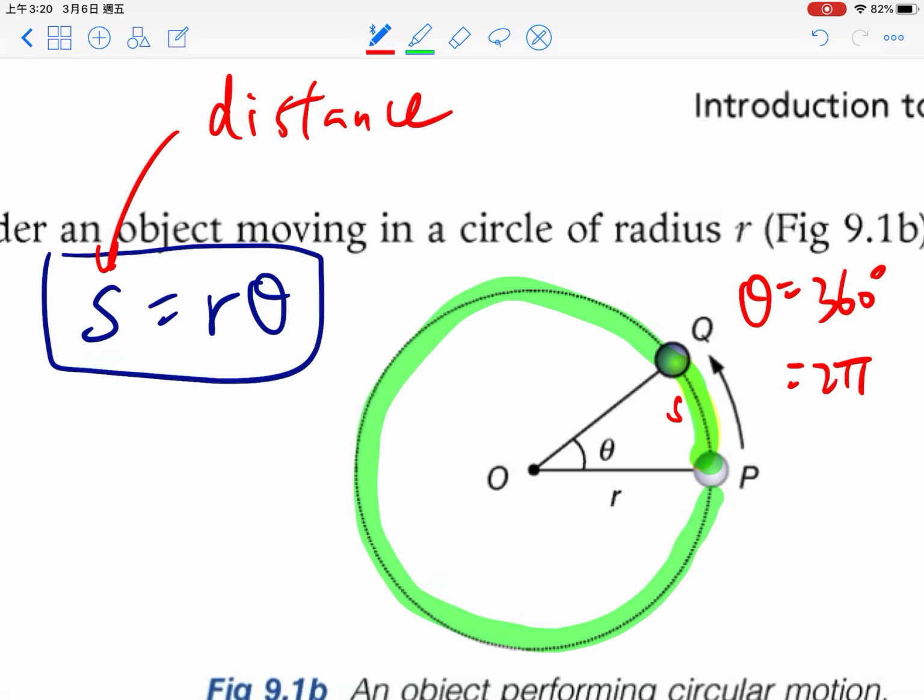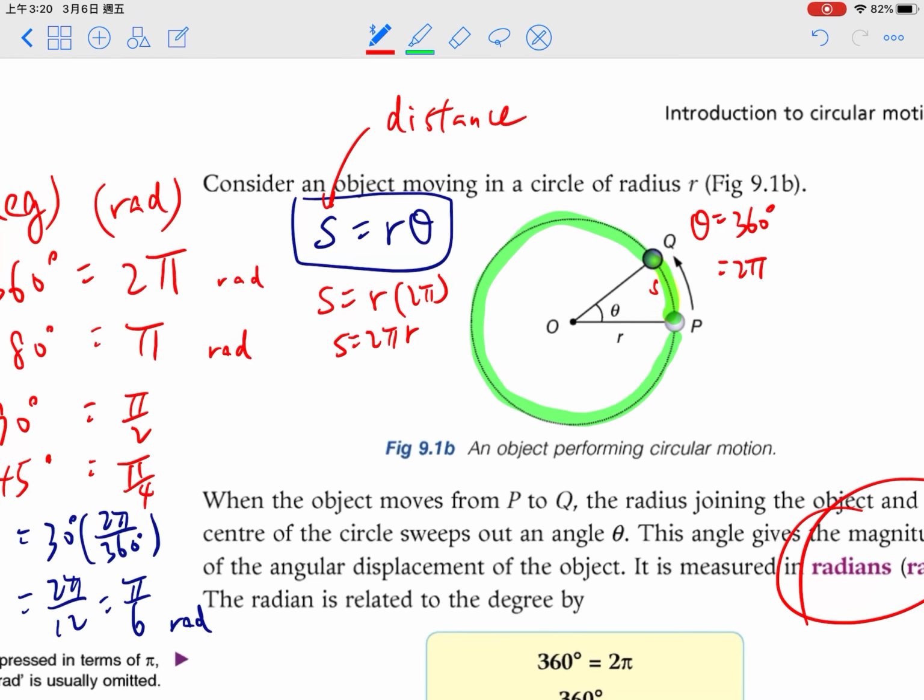Now by using s equals r theta, with theta measured in radian, we can find s directly. s equals r theta, substitute 2 pi, so s equals 2 pi r. Can you see? It's the perimeter of a circle, 2 pi r.